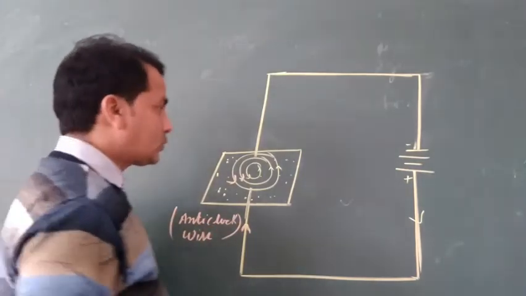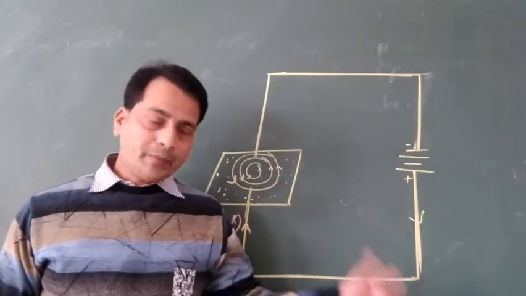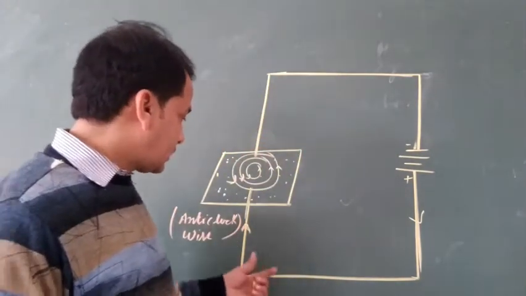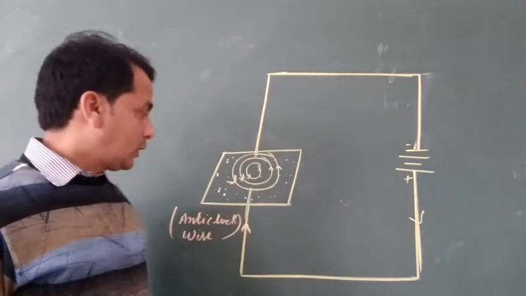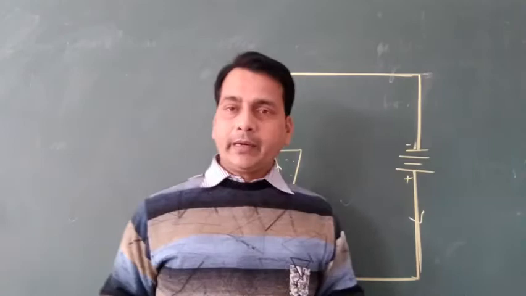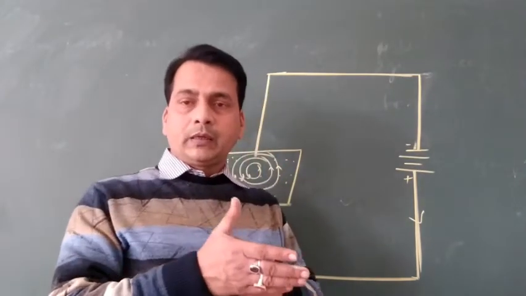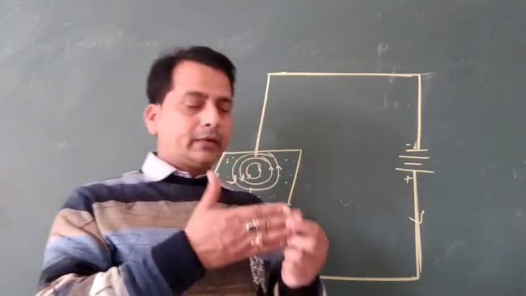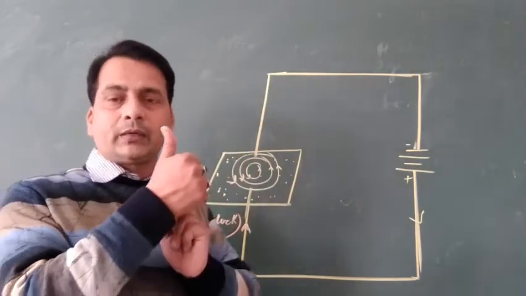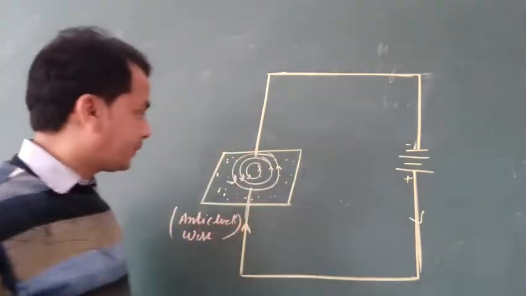So according to this question, what is the direction of the magnetic field lines? If the current is upward, then according to the Maxwell right hand thumb rule, the thumb indicates the direction of the current and the curved fingers denote the direction of the magnetic field lines.